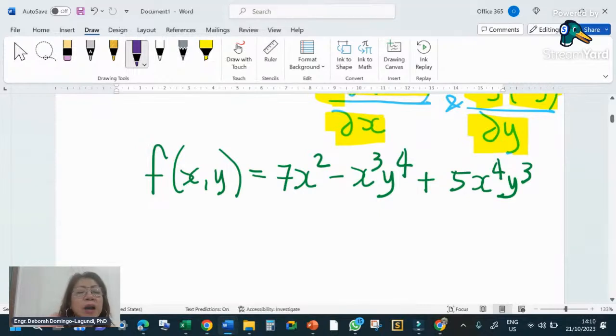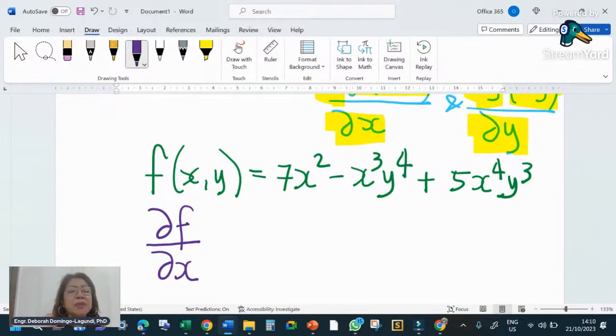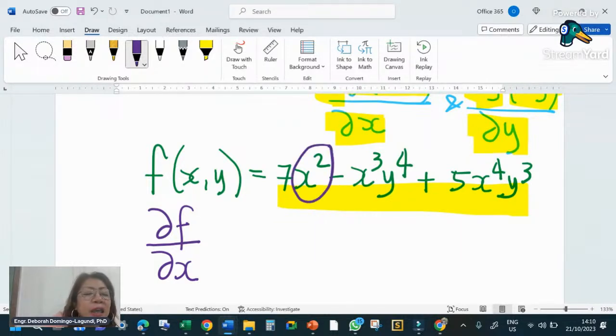Now, if I'm going to get the partial derivative of f with respect to x, then x is a variable.